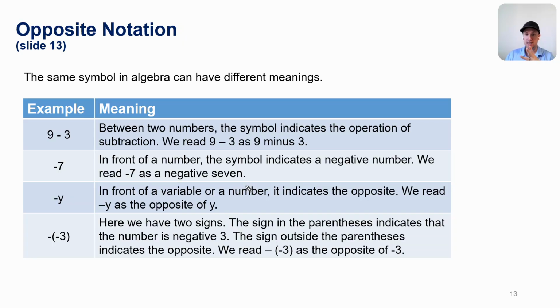So we would read negative, parentheses, negative 3 as the opposite of negative 3. And the opposite of negative 3 would just be written as a positive. Often, if you see those two negative symbols next to each other, they're really just meaning the positive side, right? Positive 3 in this case.